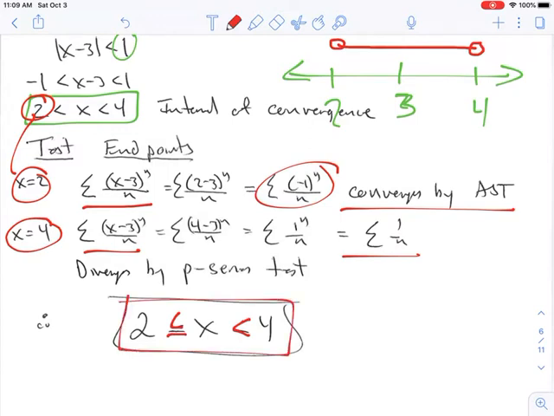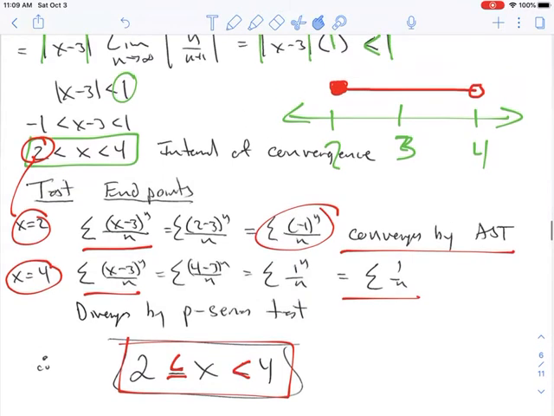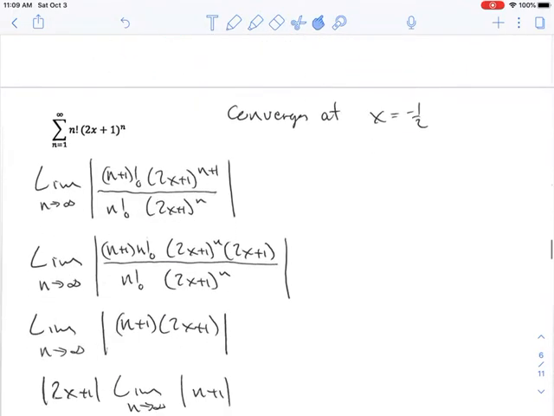And so if we were to do this on this number line, we would have a closed circle at 2 because we're including that point, and an open circle at 4. Or if you like the brackets, this would be a bracket, and this would be a paren. So that is a slightly different problem as far as the outcomes go.